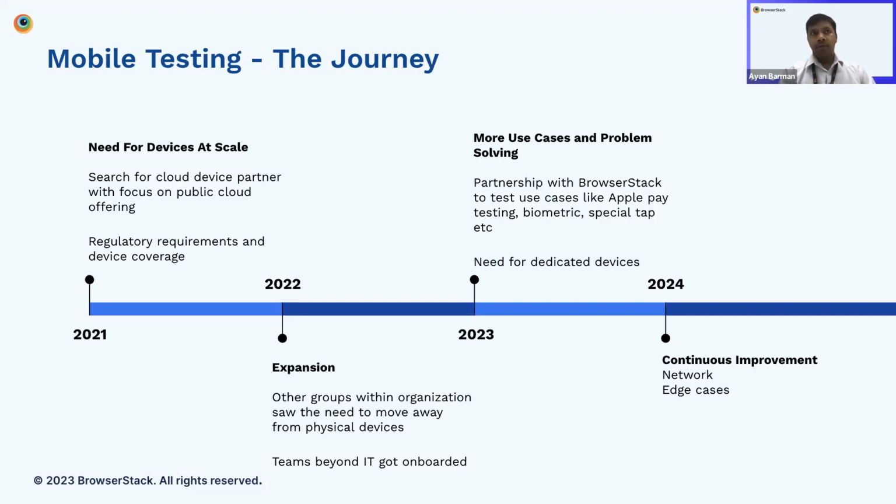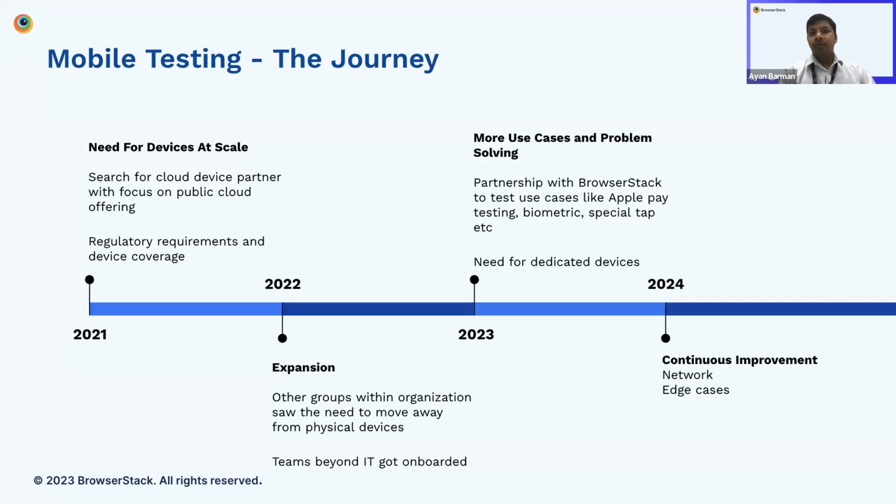There are a few use cases. That's where we modified our strategy a little bit. We still wanted a public cloud first strategy, but with a small set of private. So we went to a more hybrid solution. And in 2024, we are continuing the partnership and looking into all other aspects now.